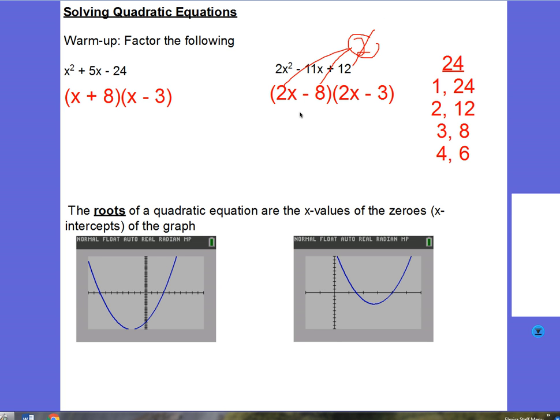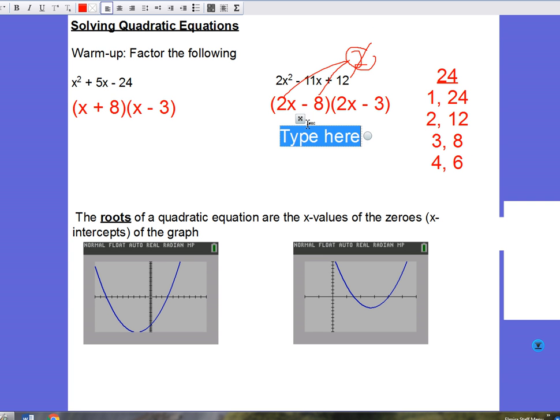And I am left with x minus 4, and then the other one does not factor, 2x minus 3.